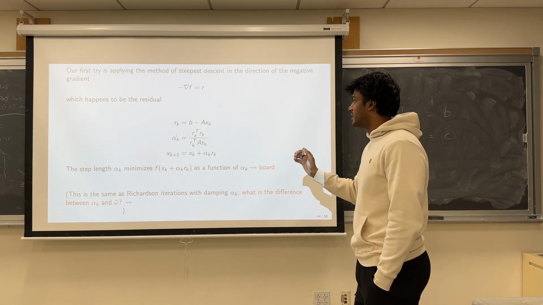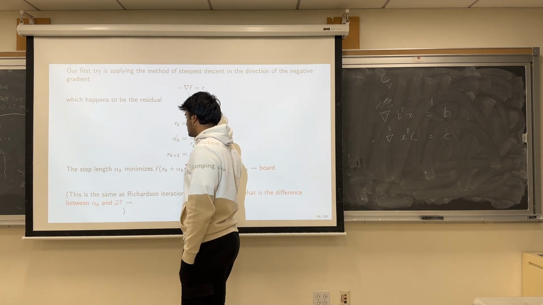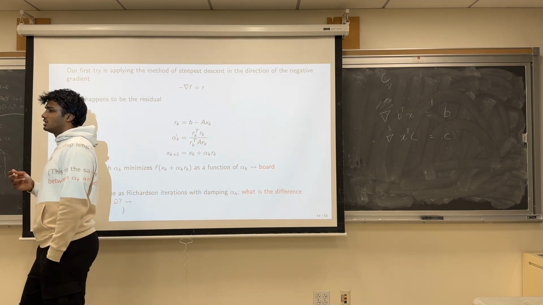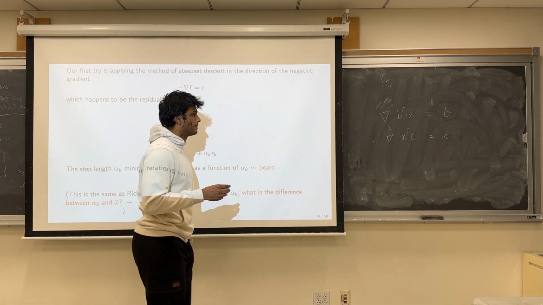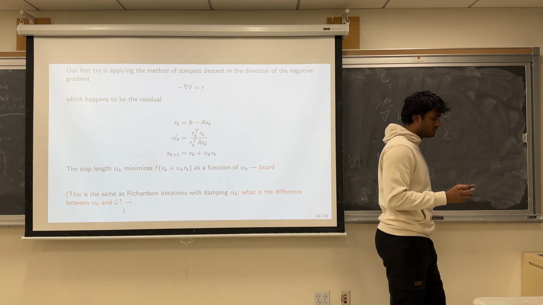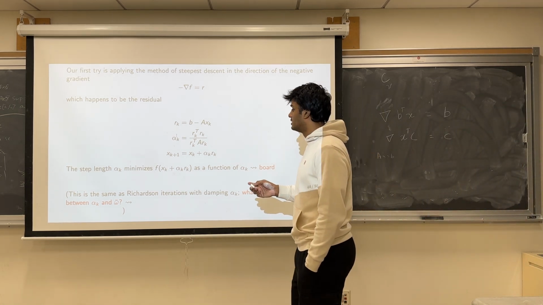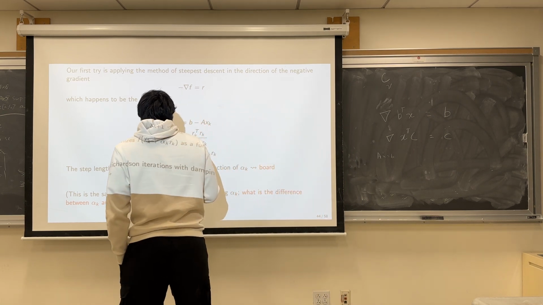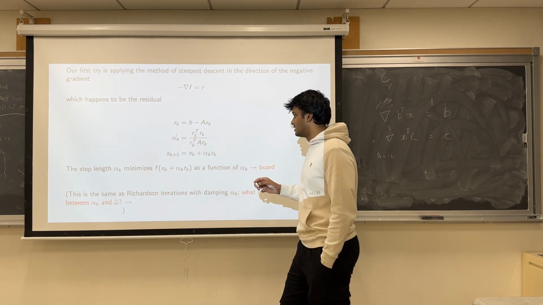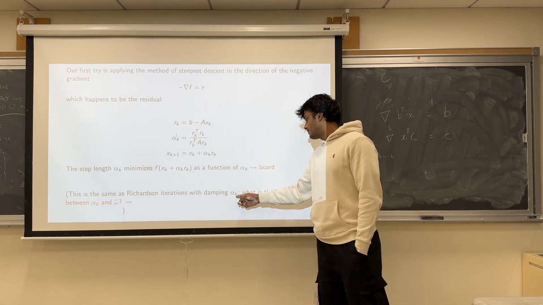I'm updating in the direction of the residual. This seems awfully close to the one we just did, Ax equals b via the Richardson method. This is the same as Richardson iteration with damping alpha k.